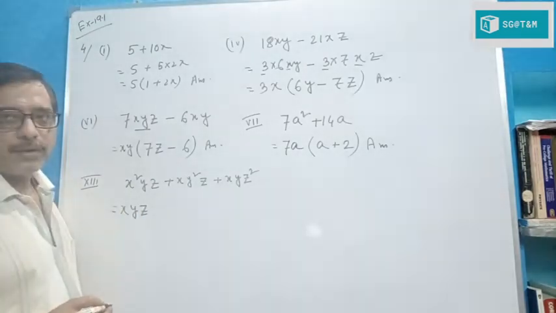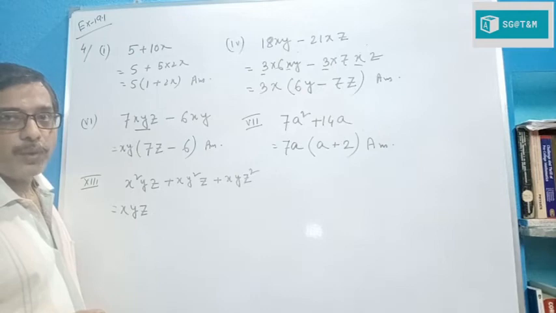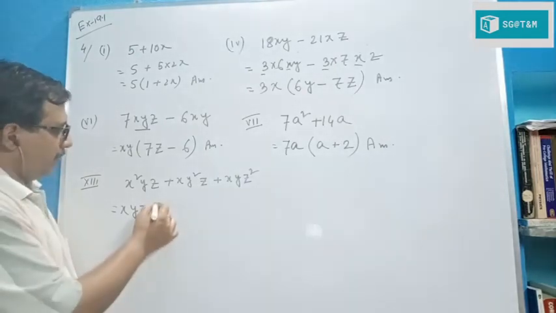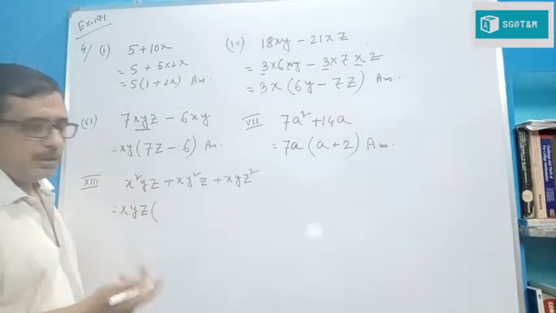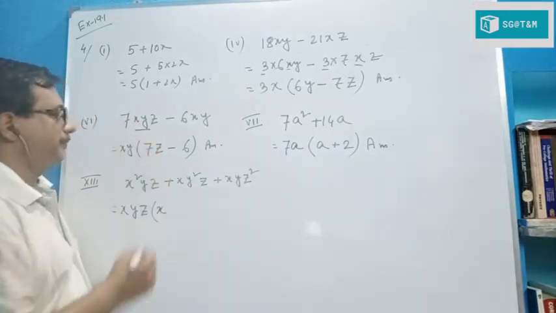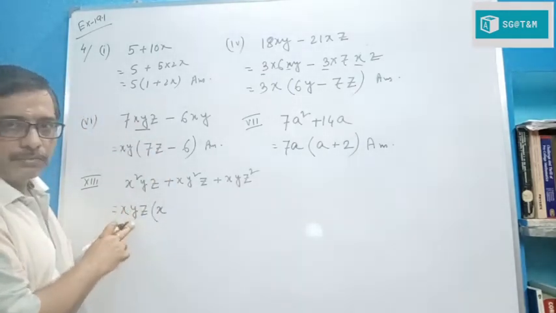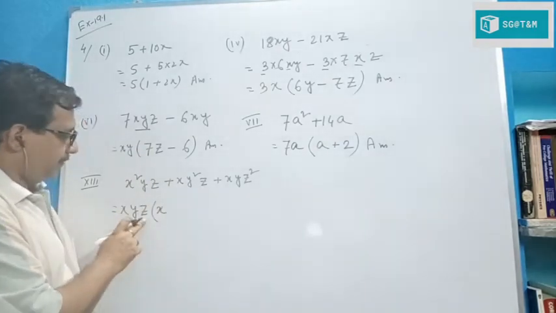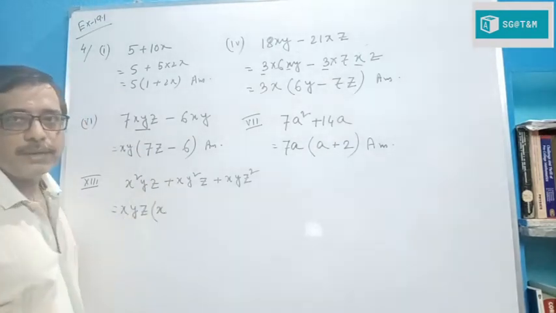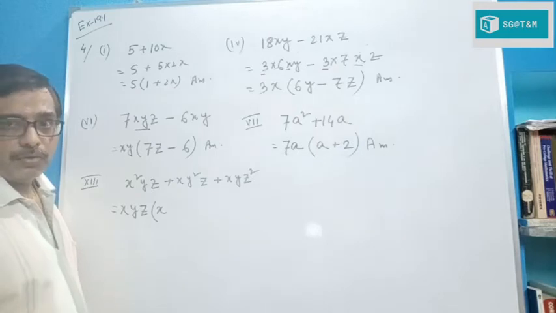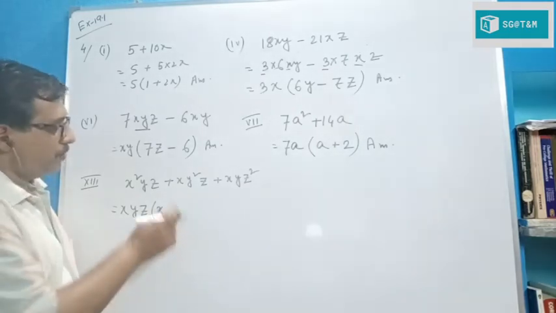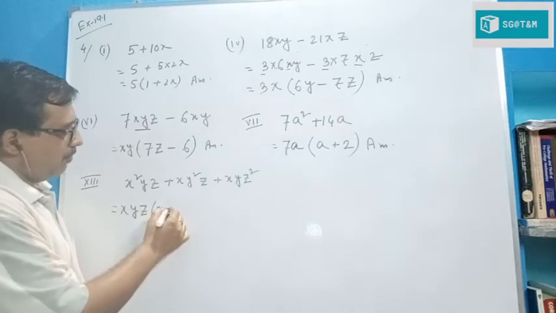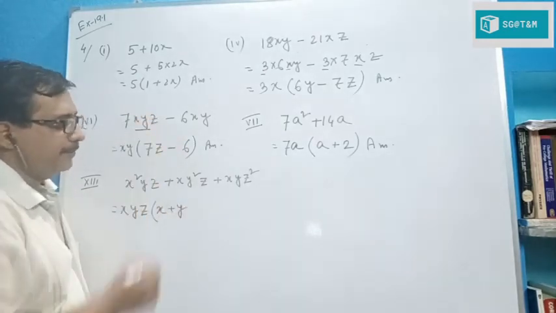X square is nothing but x into x. So if we take one x common, then the remaining is x, and yz taken common. From the second one, x and z are common. Y square is nothing but y into y. So 1y is common, and 1y is remaining.